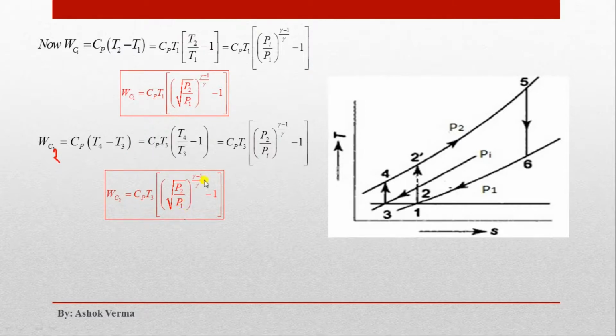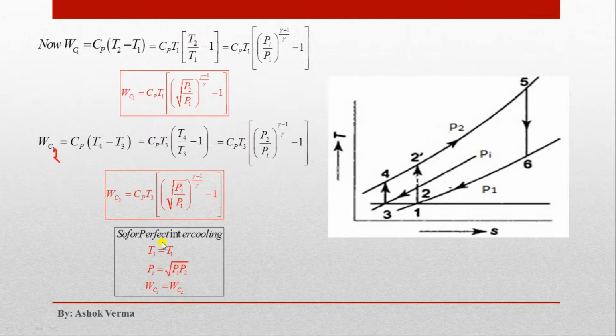WC2 equal to this. So the only difference between compressor 1 and compressor 2 is that compressor 1 is a function of T1 and compressor 2 is a function of T3. But here we are using a perfect intercooler. So for perfect intercooling, T1 is equal to T3. So WC1 will be equal to WC2.